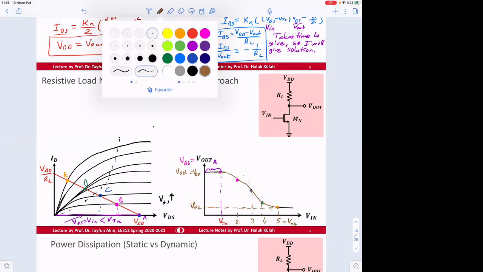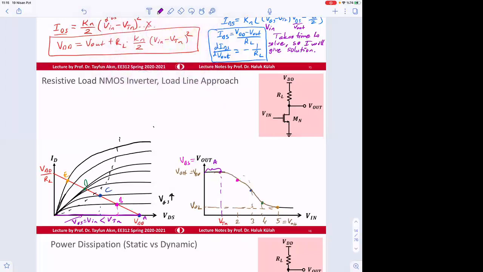So now that we are in this graph, I'm going to show you another load line. If RL is larger, okay, let's say this is the load line, VDD divided by RL prime.